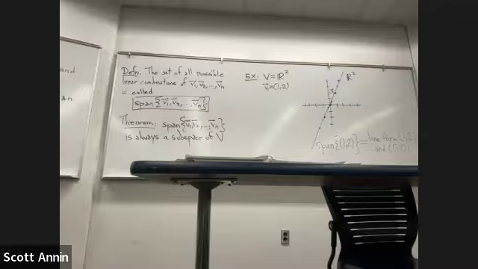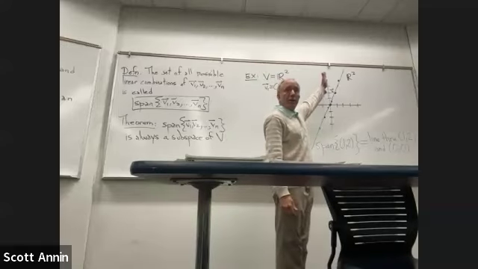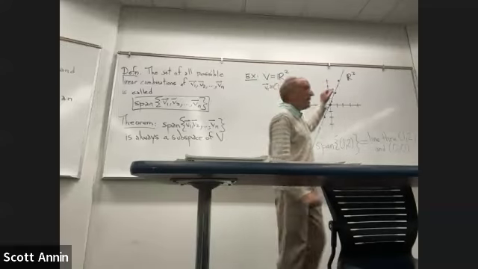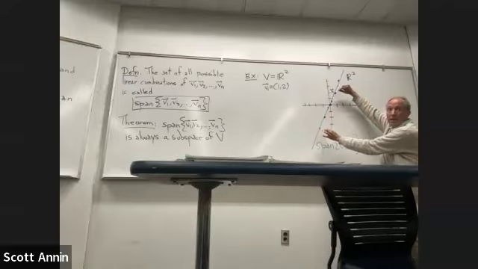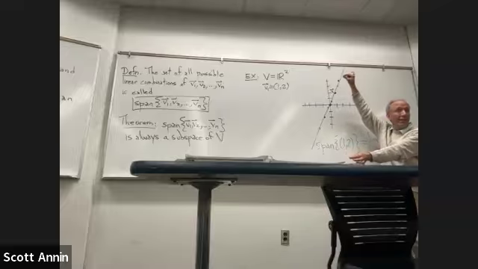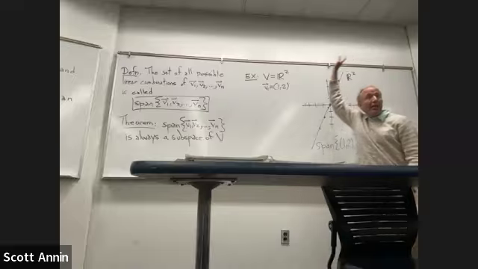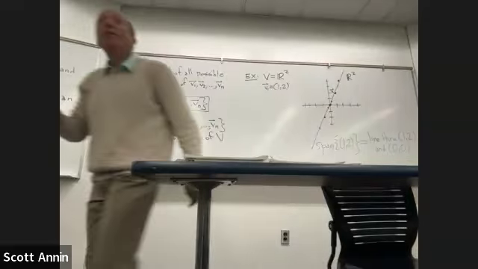If I tell you that I'm talking about the line that goes through 1, 2, and 0, 0, that pretty much describes this blue line. And so, that is a subspace of R2. If you take any 2 points on this line and you add them together, you will stay on that line. Or if you take any point and scalar multiply it, you'll stay on that line.